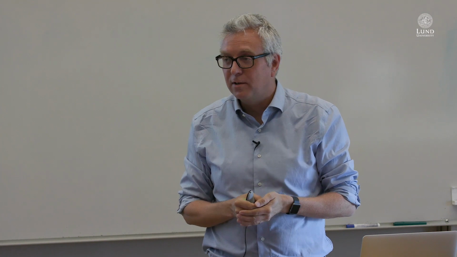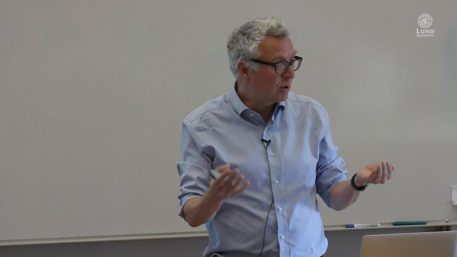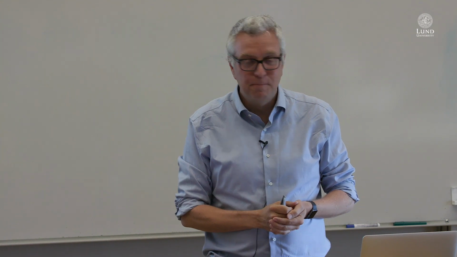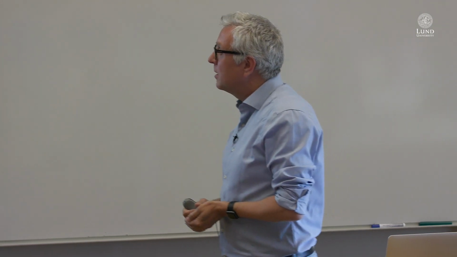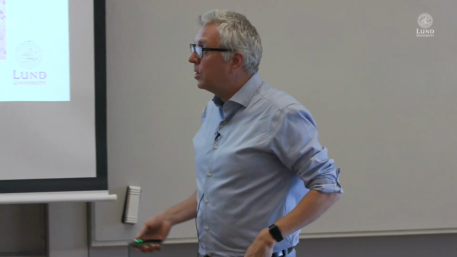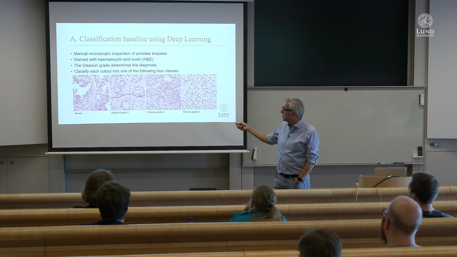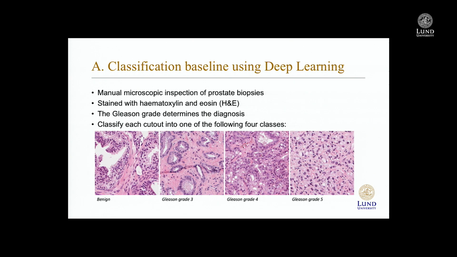We actually cut out small pieces where that whole image was either benign or 3 or 4 or 5. And it's a good starting point to try to understand and solve this problem. In the first attempt, we only had 200 such images, roughly 50 in each of these classes.